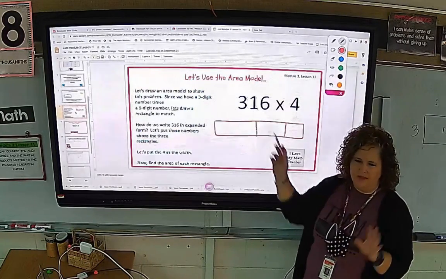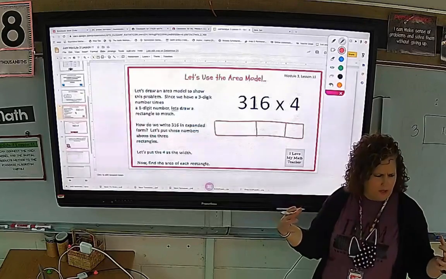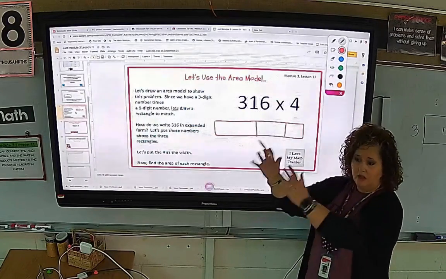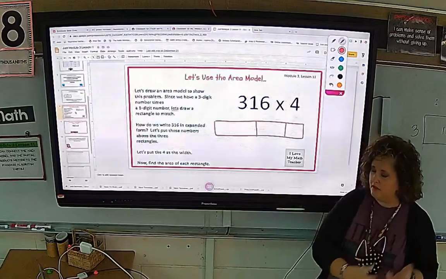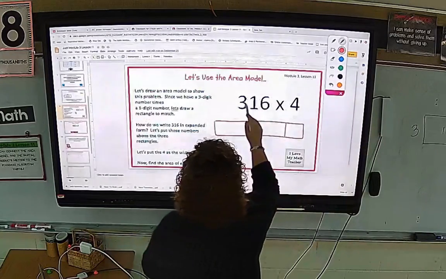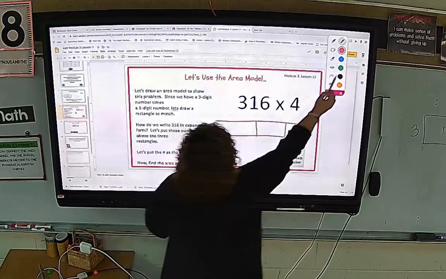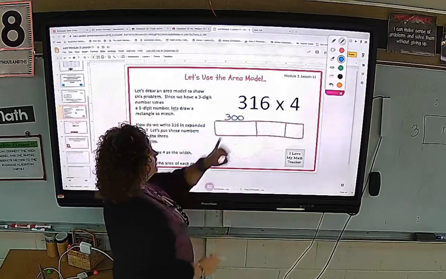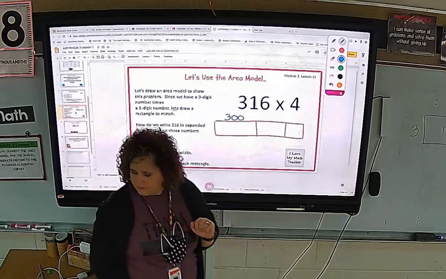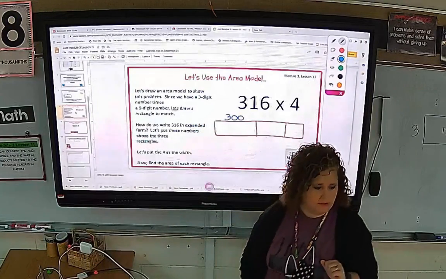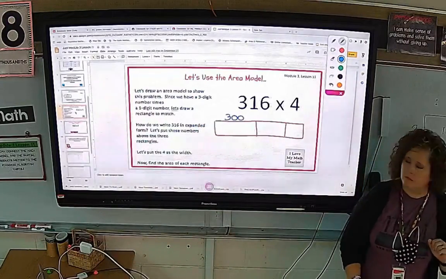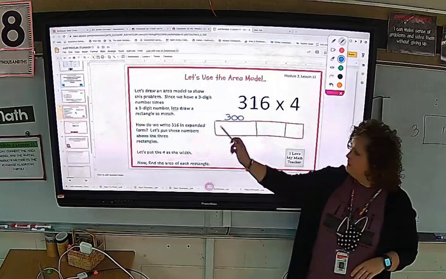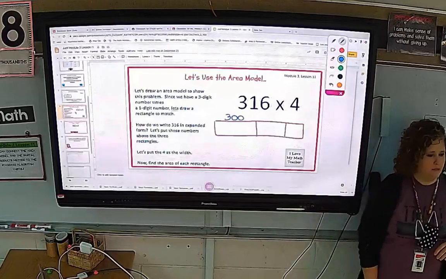Now, it's almost like expanded form when we pull a number apart. It's similar to that. We're going to pull this number apart into the hundreds, the tens, and the ones. So, up above our large piece, we're going to write 300. Because there are 3 hundreds in that number. Okay, go ahead and do this with us. All right, so if I did that above my first piece, what am I going to write above that second piece?